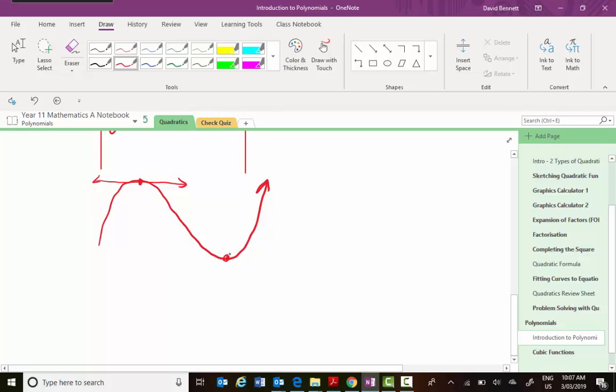Now, this is one little thing that you need to be aware of. You've seen some of these graphs already. I can get a graph coming down like this. If that is my graph, it's called a horizontal or stationary, a stationary inflection.